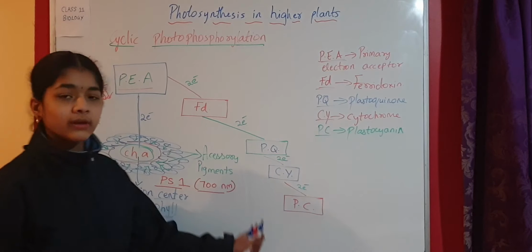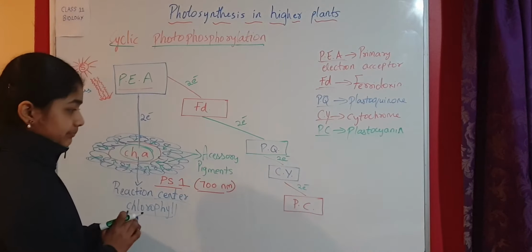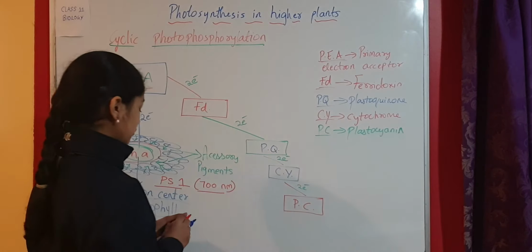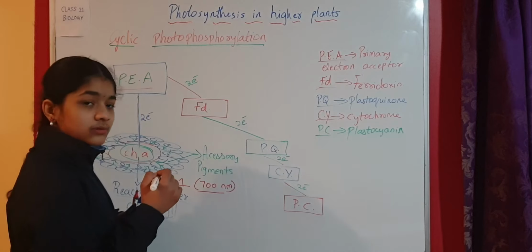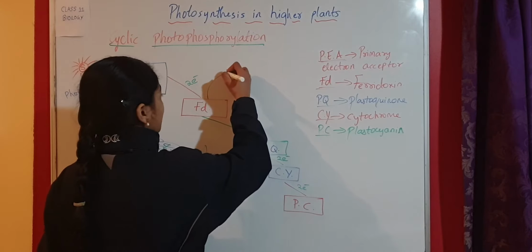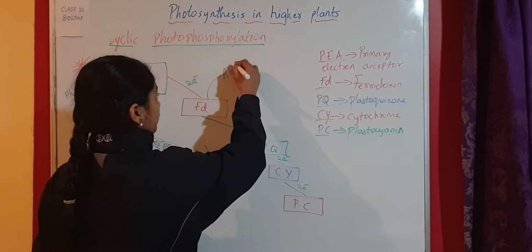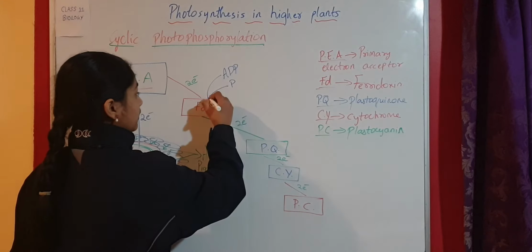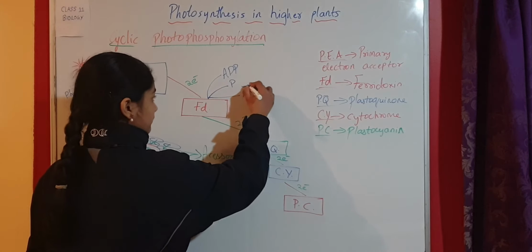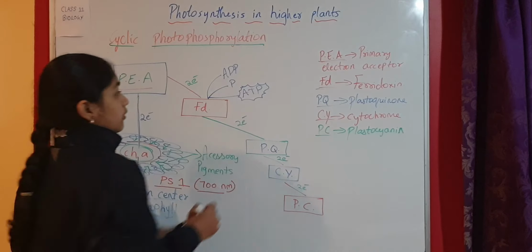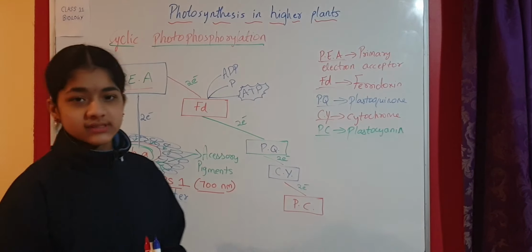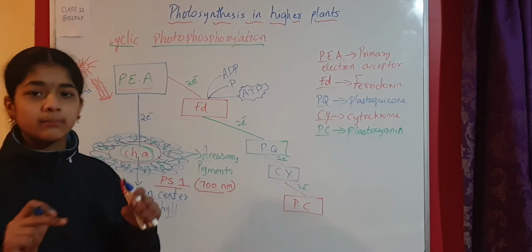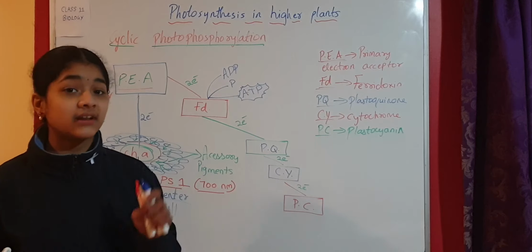Now when it is going through Fd, which is ferredoxin, the extra energy is used to combine one ADP molecule with an inorganic phosphate molecule to form ATP. What is ADP? ADP is adenosine diphosphate and P is inorganic phosphate, and they are combined to form ATP, which is adenosine triphosphate.